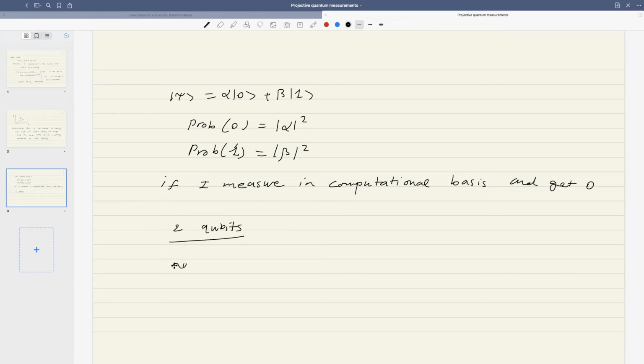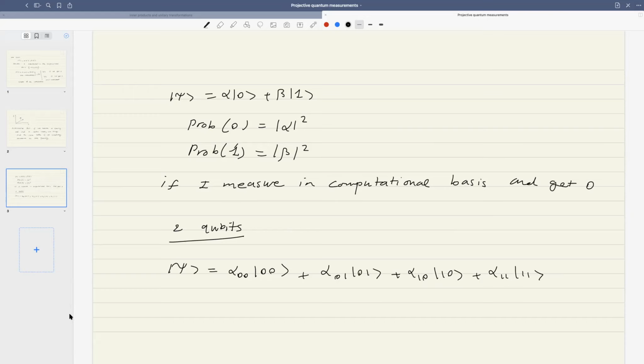So suppose I have, again, a state that's alpha 0,0 |0,0> plus alpha 0,1 |0,1> plus alpha 1,0 |1,0> plus alpha 1,1 |1,1>.